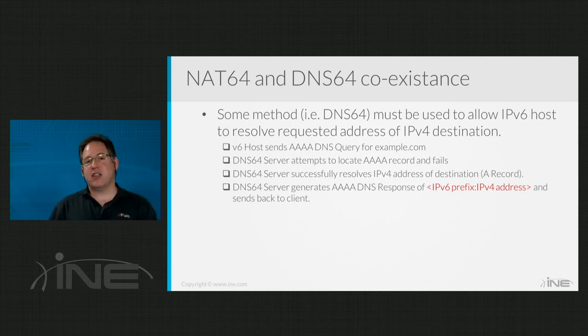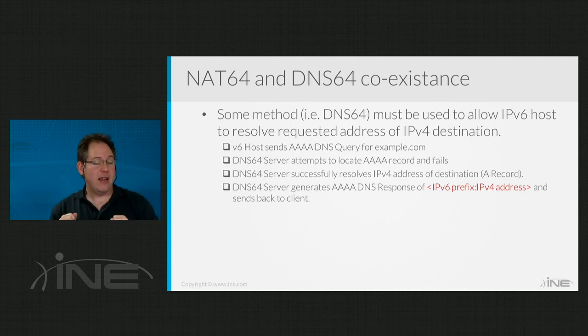In a DNS64 server, in this particular case, what is going to happen is the v6 host is going to say, hey, I need a quad A record for ine.com. Give me the IPv6 address for ine.com.